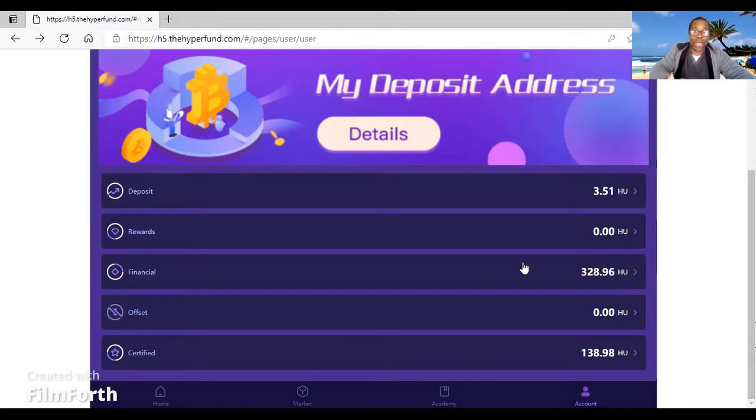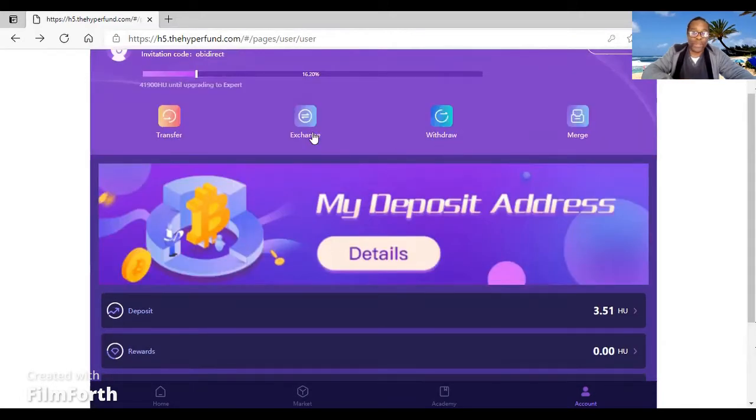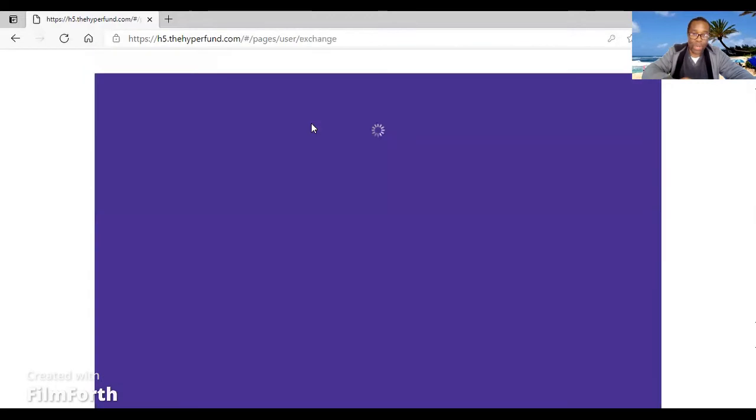The next thing that we have to do at this point is to exchange the HU to MOF, molecular features. So I click on exchange.